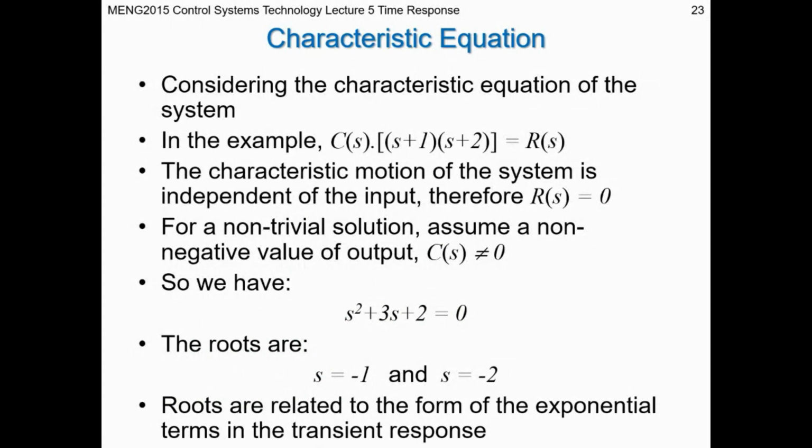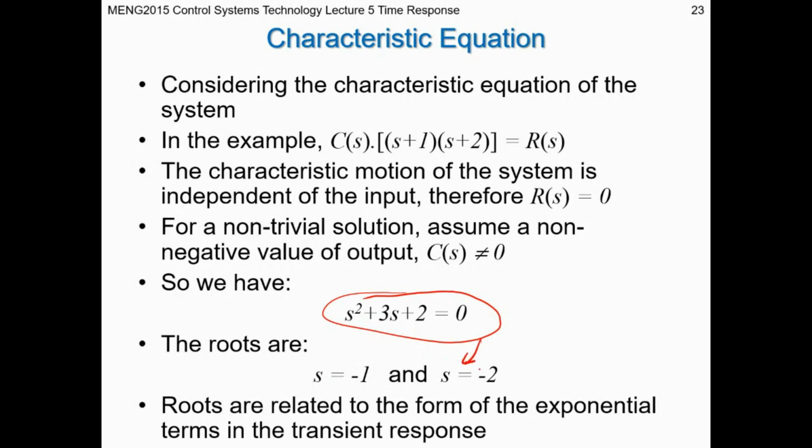We can determine some important things here associated with the characteristic equation of a system. Having looked at the transient response, or the transient part of the response of a system to a given input, we say really the input value and the initial conditions don't matter in the transient part of the response. What matters is these basic characteristics. You can form the characteristic equation like this.